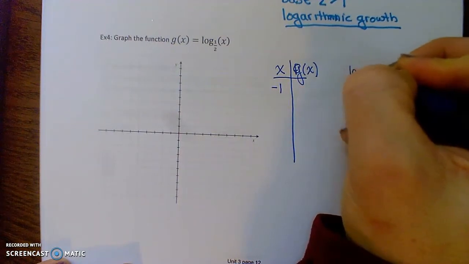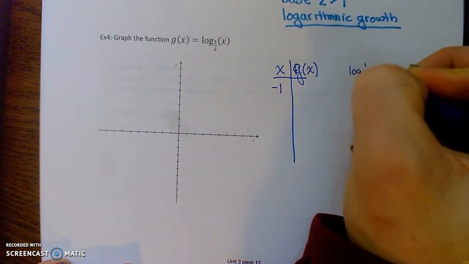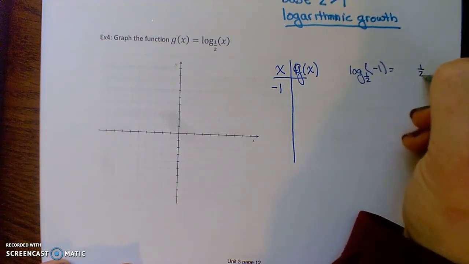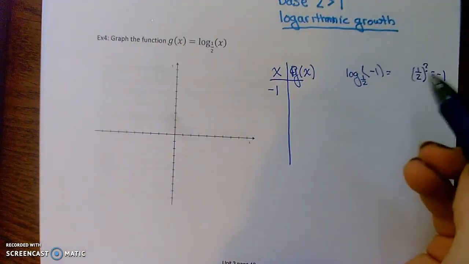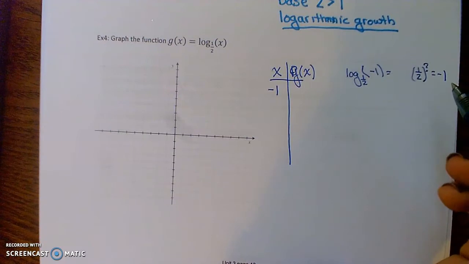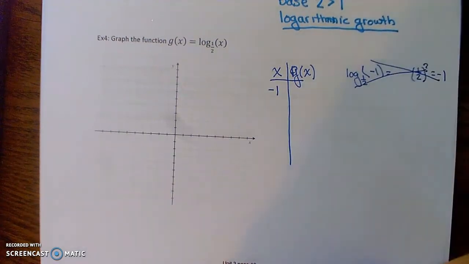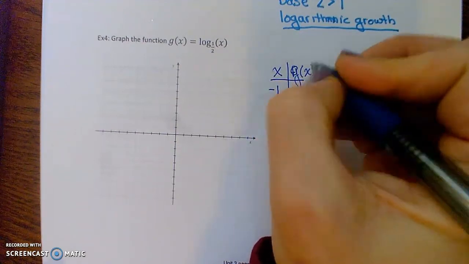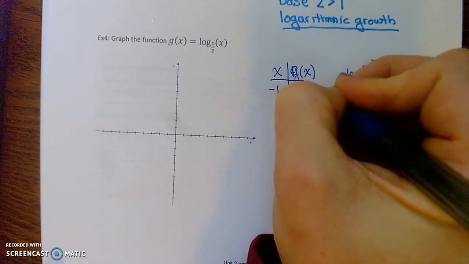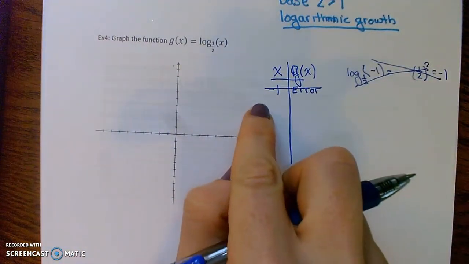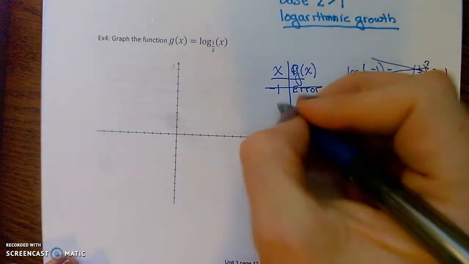If I did log base a half of -1, that's like asking 1/2 to what power gives me -1. There's no exponent that would make this equal to a negative. So that's not possible. And if you try to plug this into your calculator, you get an error message, okay? So we're not allowed to plug negative numbers into the logarithm function.